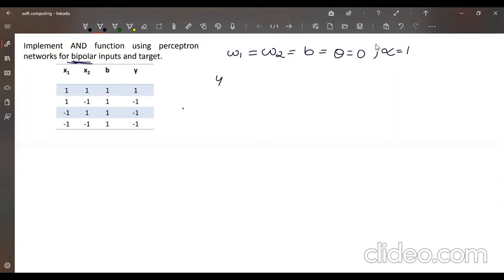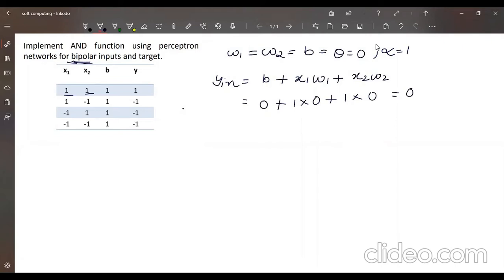The formula for calculating the input is Yin is equal to bias value plus X1 W1 plus X2 W2. The bias value is 0, X1 is 1, W1 is 0, X2 is 1, and W2 is 0. So we got Yin as 0.